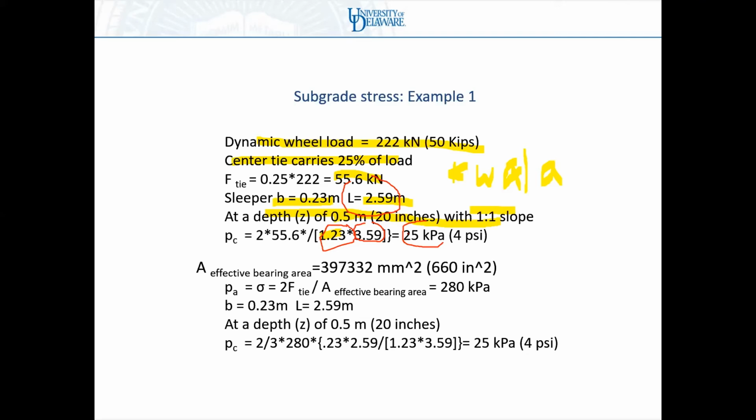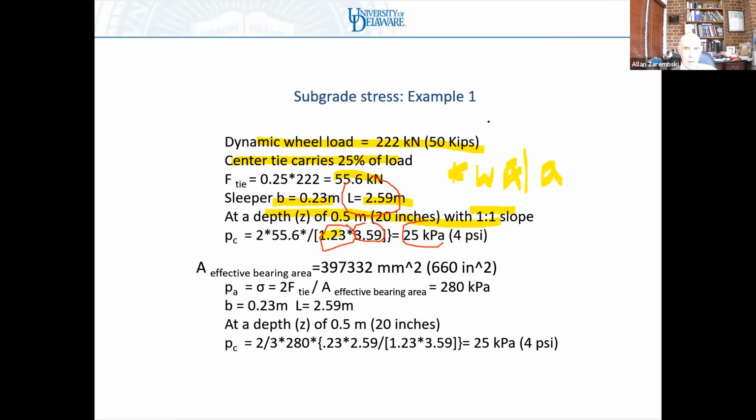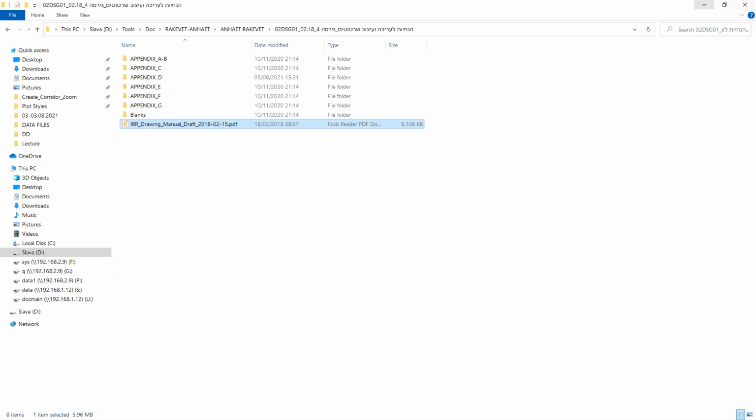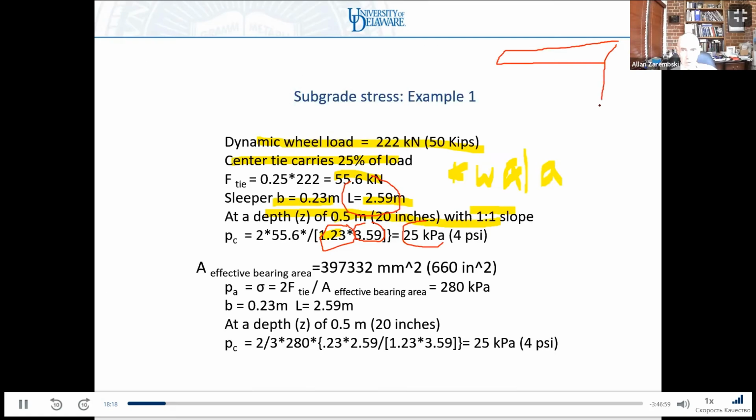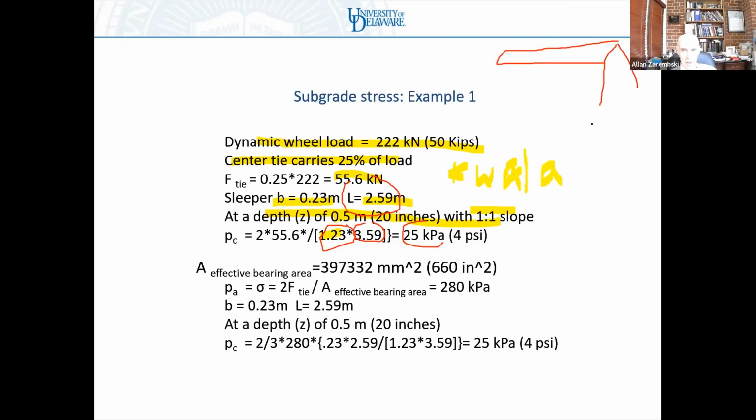Excuse me, what is 1.23? Okay, so we have the sleeper length and we have the sleeper width, right? The same one-to-one slope we see in the width as well as the length.